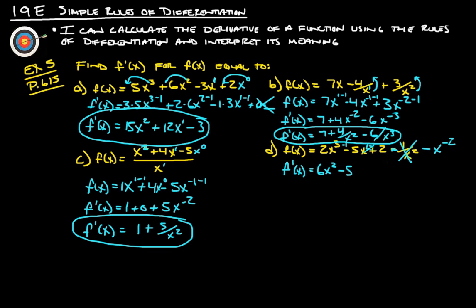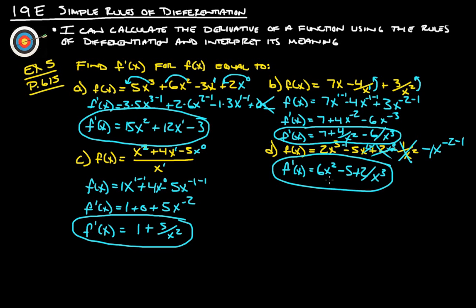Subtract 1 from that, and your x's are gone, so it's just negative 5. Remember, this is 2x to the 0. 0 times 2 gives us 0, so when we take the derivative, that's gone. And then we take negative 2 times negative 1, which gives us 2. We subtract 1 from that, so it's plus 2 times x to the negative third. Or again, if we skip straight to the end, we just put that over x to the third, and there's our derivative.